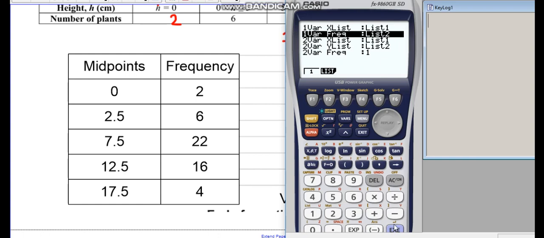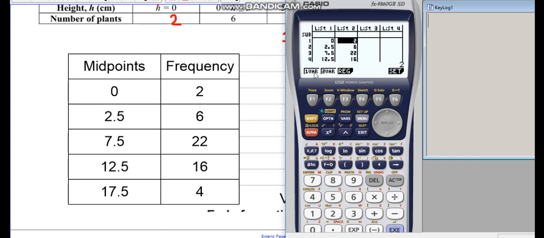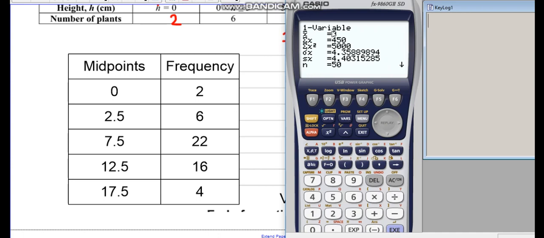Now I can exit that, execute, press 1 var, and my mean and my standard deviation will come up. So on this calculator, I can only get my mean and my standard deviation. So I would need to take my standard deviation, which is the larger of the two, this one, and I would need to square it to get the variance.